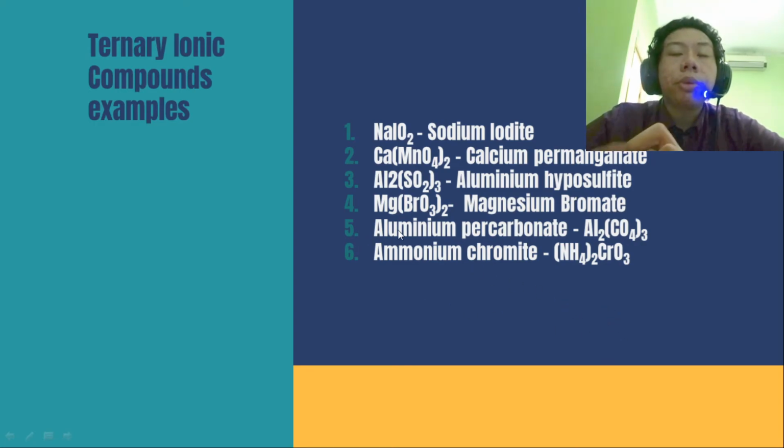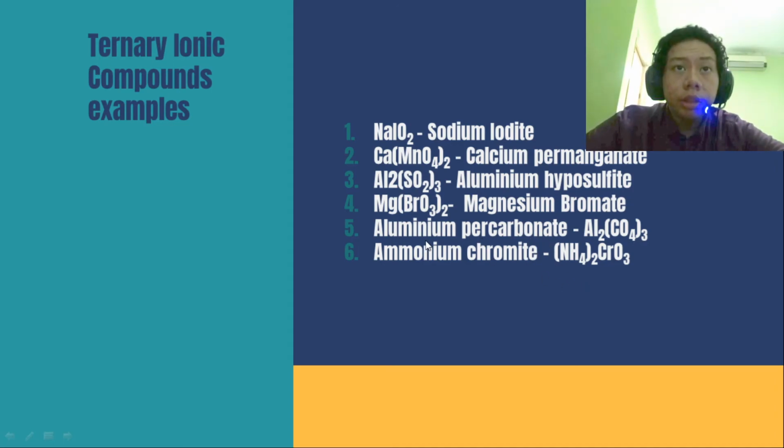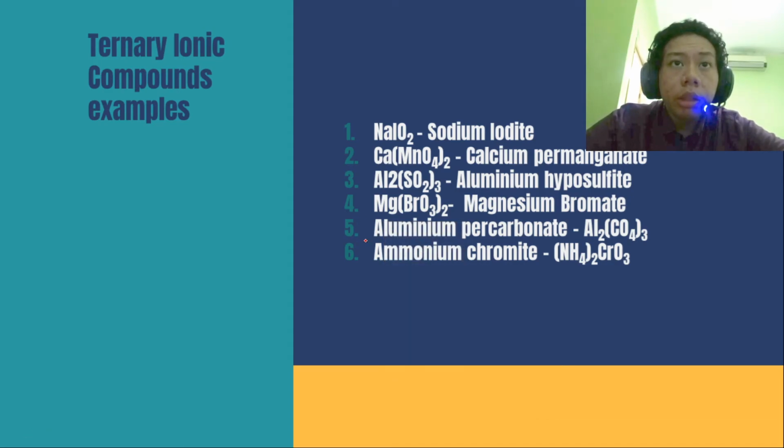Okay, the fifth question is kind of different from the 4 questions that we have just discussed. This is the reverse one, so this is name to symbol. Aluminium percarbonate. The first thing to do is to determine the symbol.